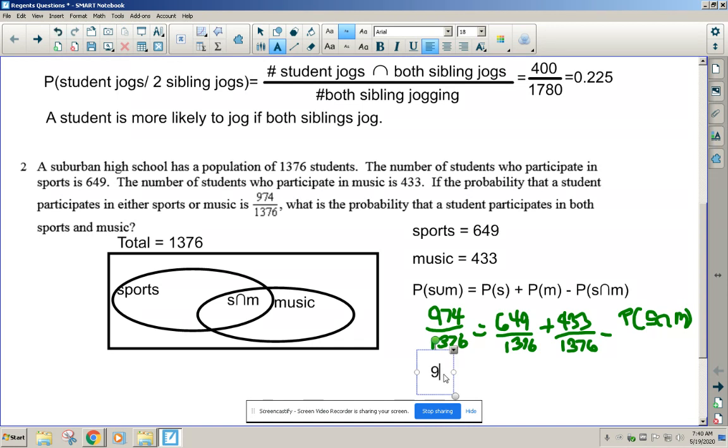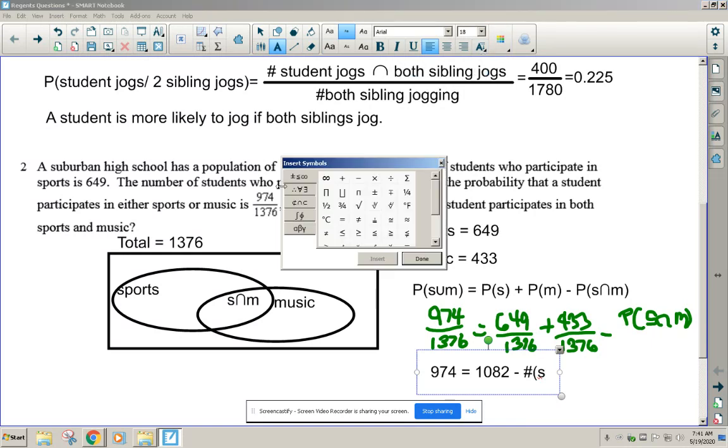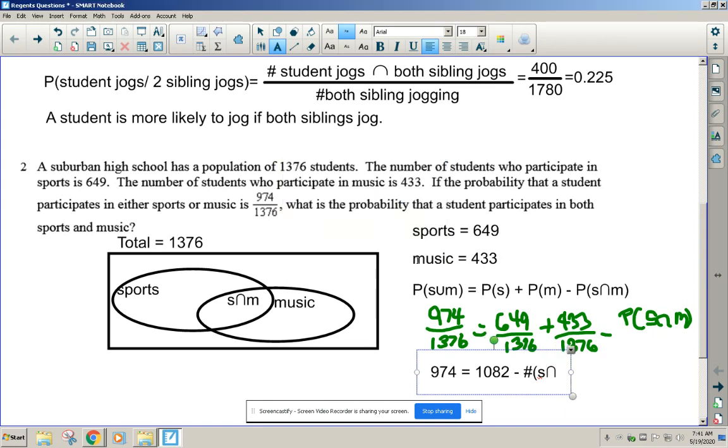If I have 974 is equal to 1,082, because if I add 649 and 433, and then I say minus, and I'm only going to use the number now, the numerator, the number of sports and music, then this becomes a little equation to solve.